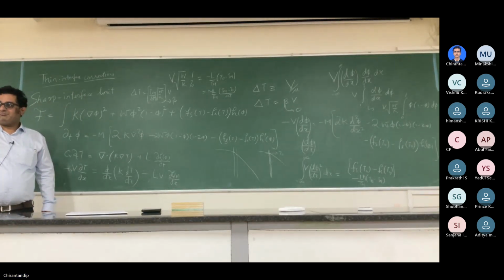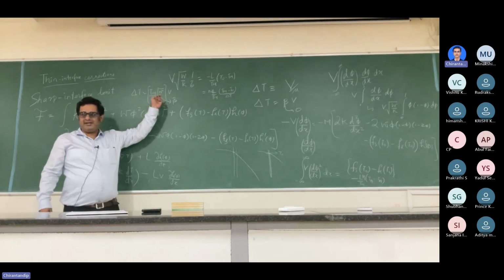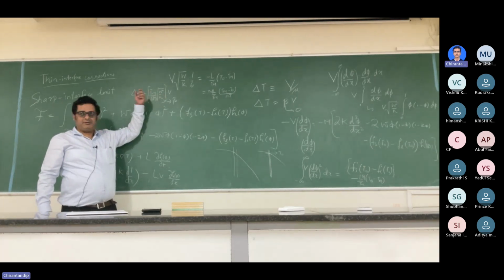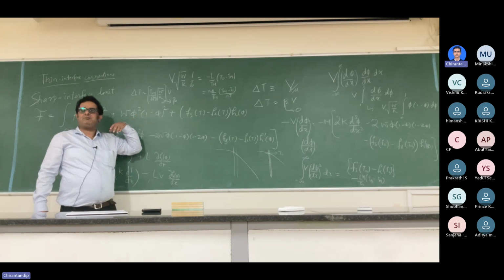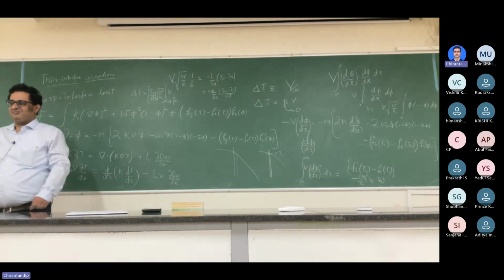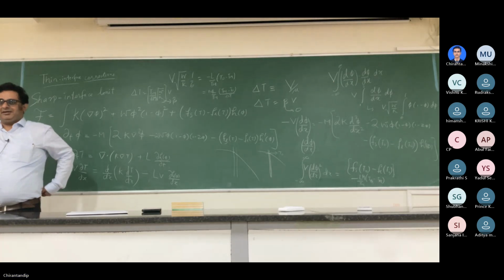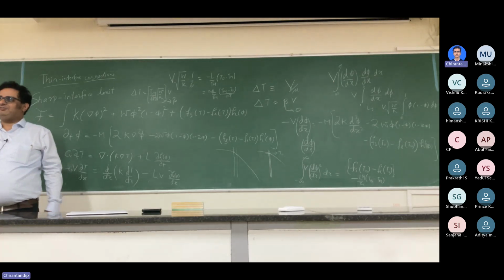So for this guy to become 0, W and over K cannot become 0. There is an interface. Tm cannot be 0. So the only way this can become 0 is if I have infinite n. If I have infinite n, I can't do a phase field computation.